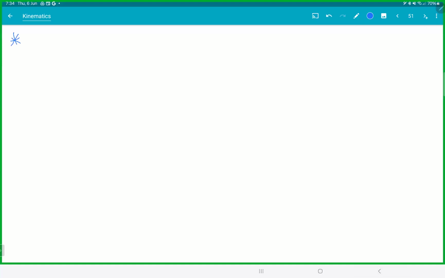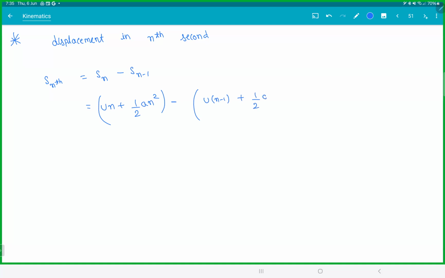So if you look at the nth second ka distance, nth second would be Sn minus Sn minus 1. So this is un plus half a n square minus un minus 1 plus half a n minus 1 whole square.